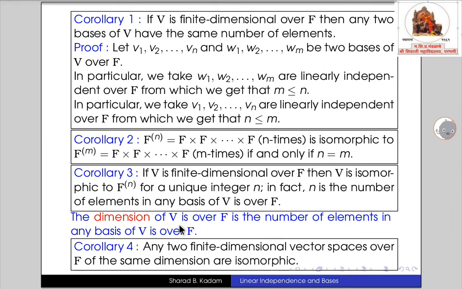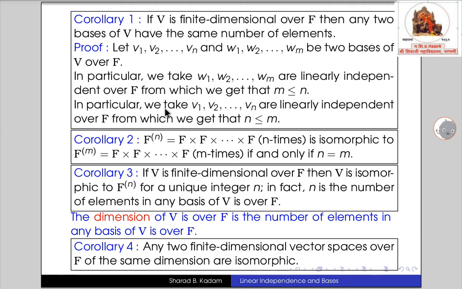Next we have a corollary. The statement is: if V is finite dimensional over the field F, then any two bases of V have the same number of elements. The proof: let v1, v2, ..., vn and w1, w2, ..., wm be two bases of V over the field F. As we know that the basis vectors are linearly independent, in particular w1, w2, ..., wm are linearly independent over F. So by the lemma we conclude that m is less than or equal to n.